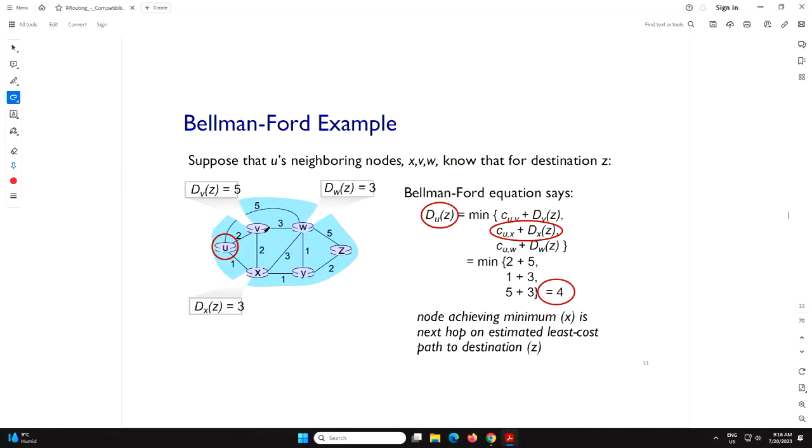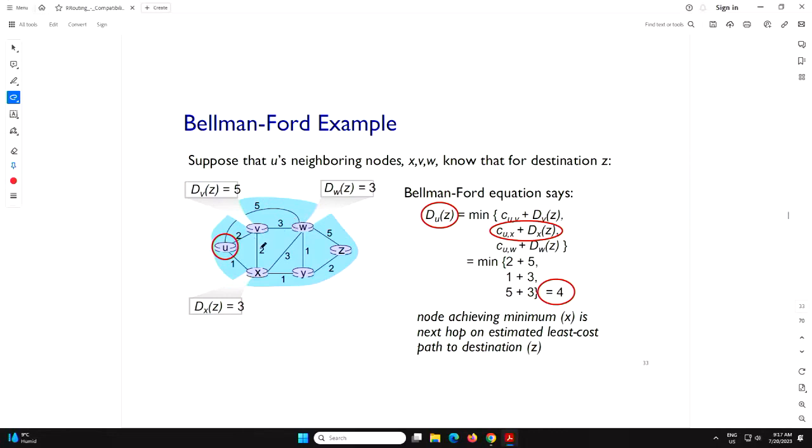And this can only improve if everyone exchanges their information with the neighbors, which we will see later. So in this case, for U, it can go to X with cost 1, it can go to V with cost 2, and it can go to W with cost 5, right?